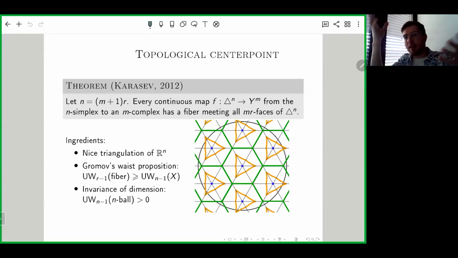You amplify this counterexample, which you started with, by using a nice triangulation of R^n. Then you use Gromov's proposition on waist measured by widths, and you get a contradiction from there. Basically, it tells you that R^n then has to have width, like microscopic dimension, less than n, which is not true.